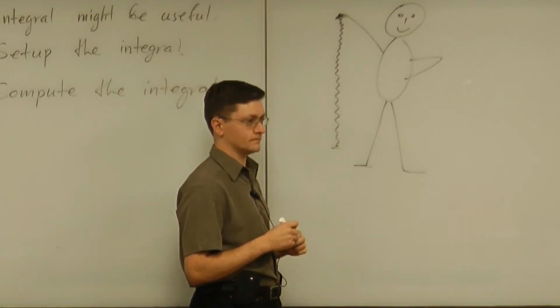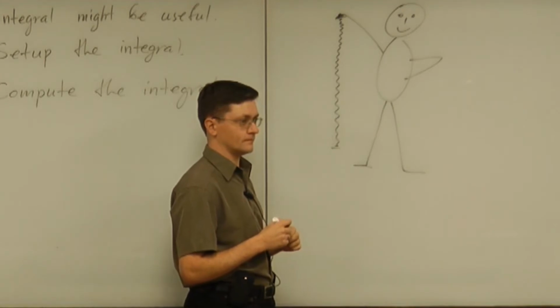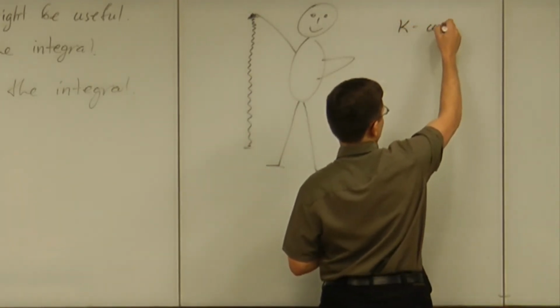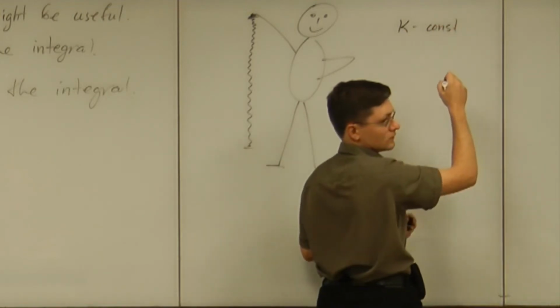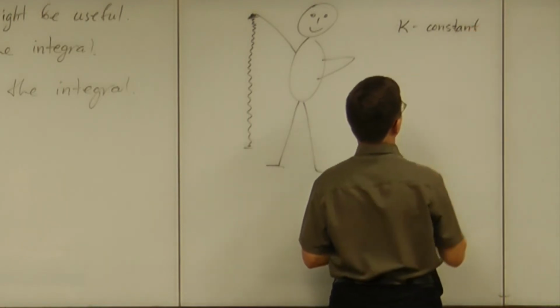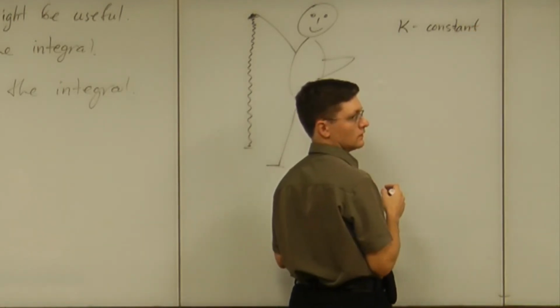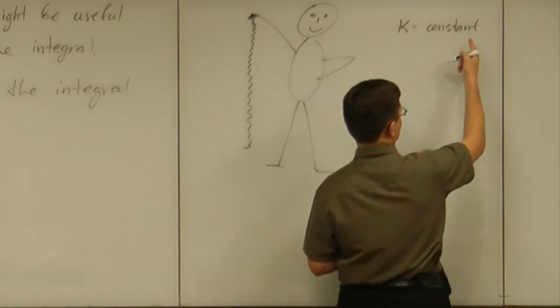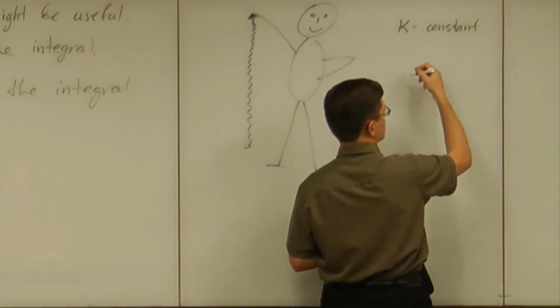Tension? That's not tension. It's the K value. K, constant, right? No, it's one that shows the amount of force required to stretch it by 1 meter. Whatever it is, so constant. Yeah, it is constant.